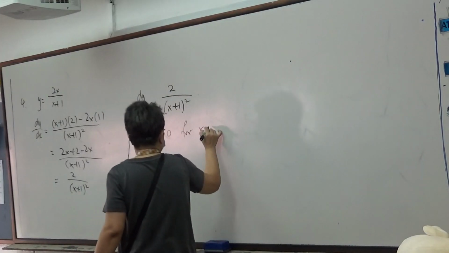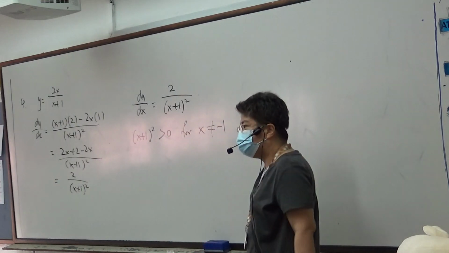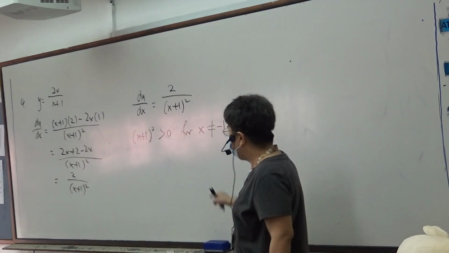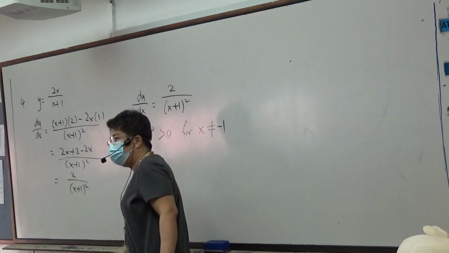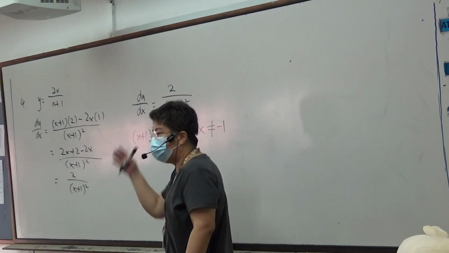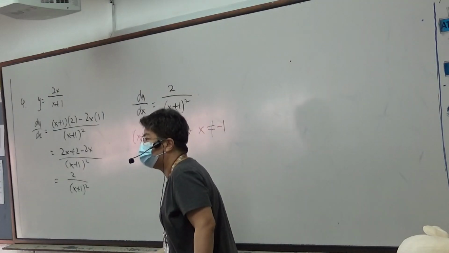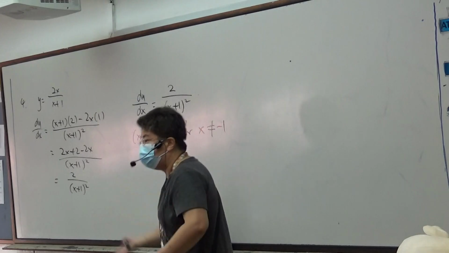For x not equals to negative 1. If x is negative 1, then it's 0. Can you see? On the side you must say except for x equals to negative 1. Okay, except means you negate already.